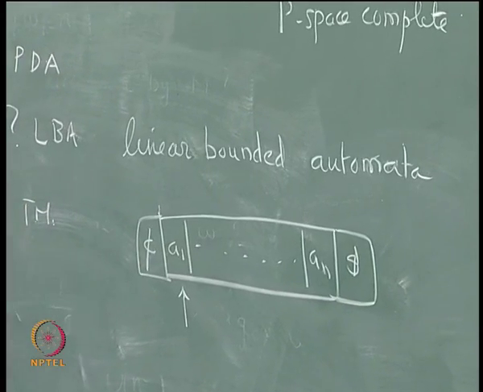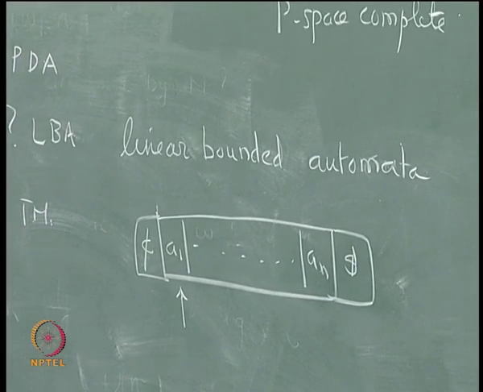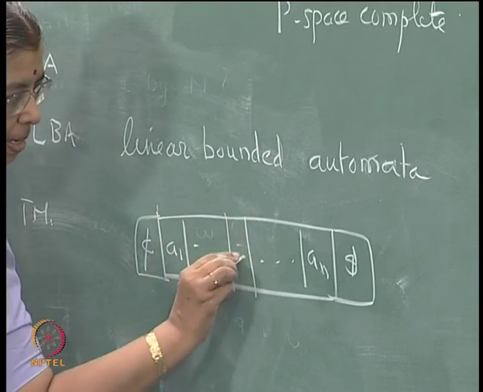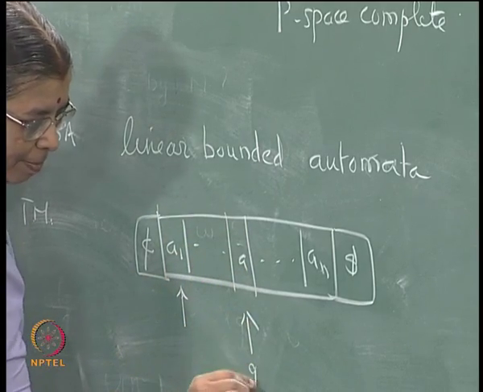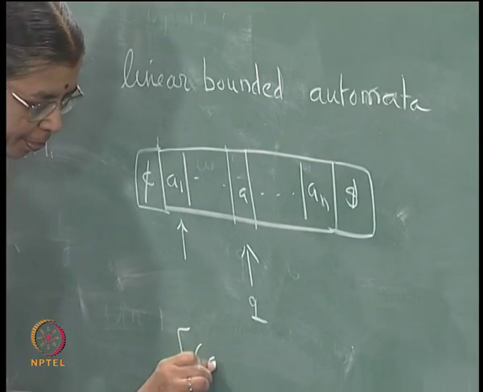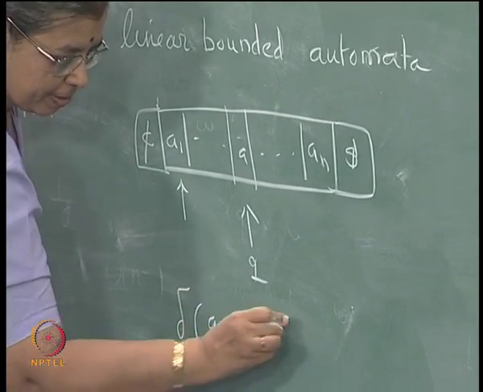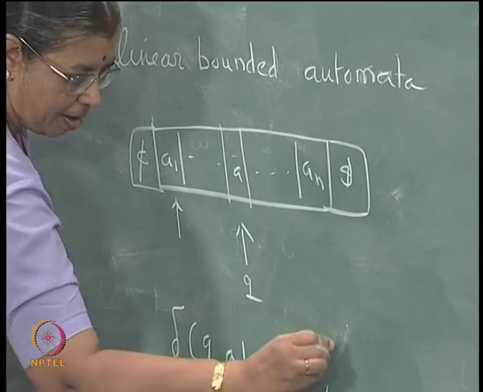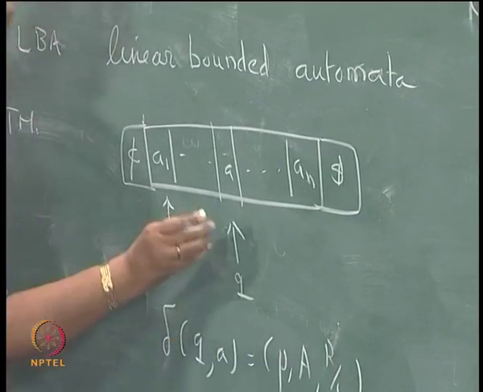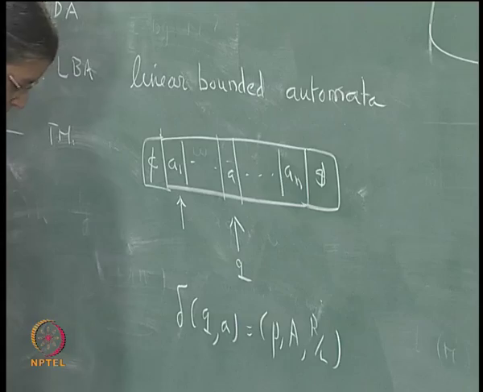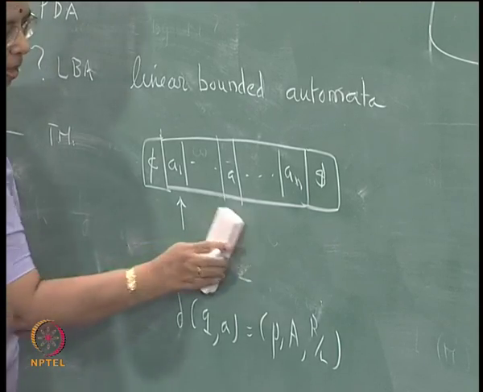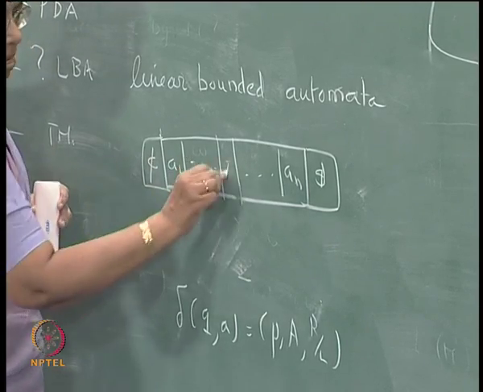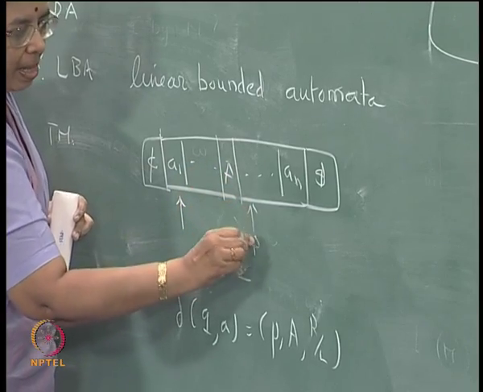The behavior is just like a Turing machine. Any time it can read a symbol in a state, the mapping will be just like this: delta of (q, a) is equal to (p, a', R or L). So it will change its state to p, print a symbol, and move right or move left.